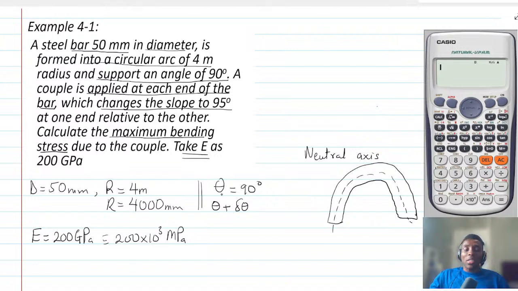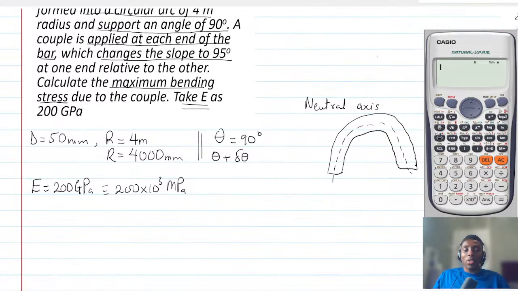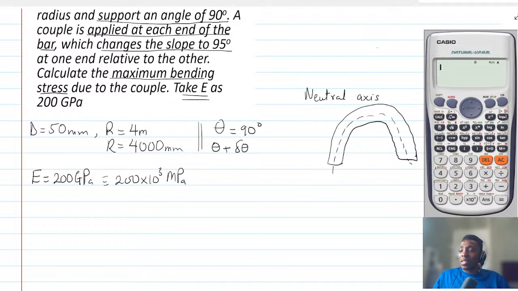So currently, this question is saying we should calculate the bending stress. Now, this question is the simplest question you can get under curved bars. If you have a question like this, the first thing you have to do is look at the relationship between the slope and the radius.